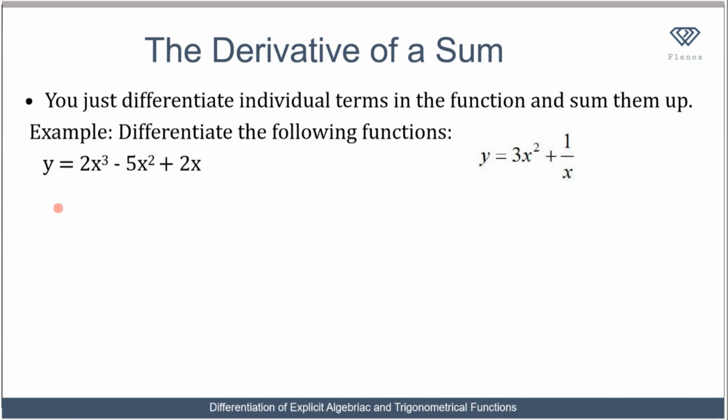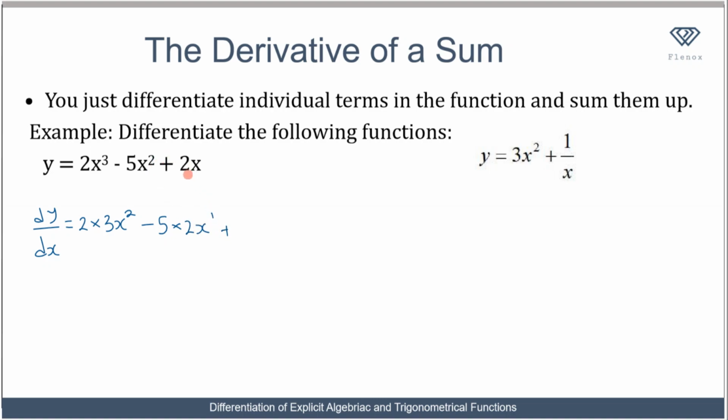So to do that, I'll write it out. I have dy over dx equal to, so this becomes 2 times, then I bring my 3 down based on the formula. So I have 3x raised to the power 3 minus 1, which gives me 2, then minus, I have my 5, then I bring this 2 down, then times 2x, then 2 minus 1 gives me 1.